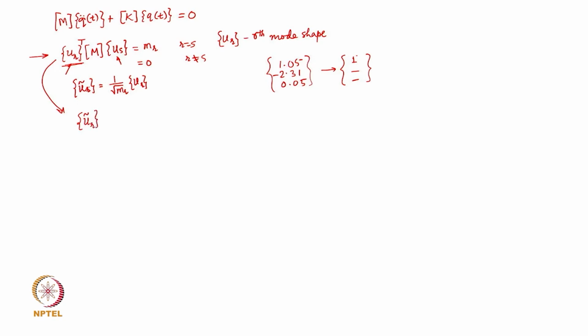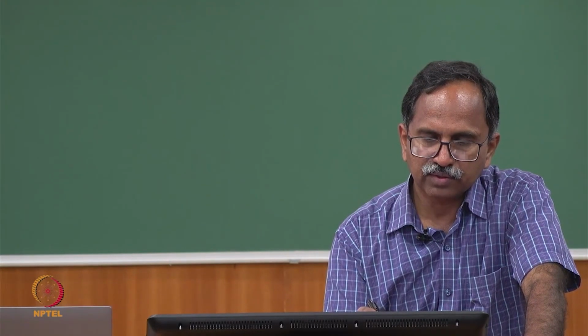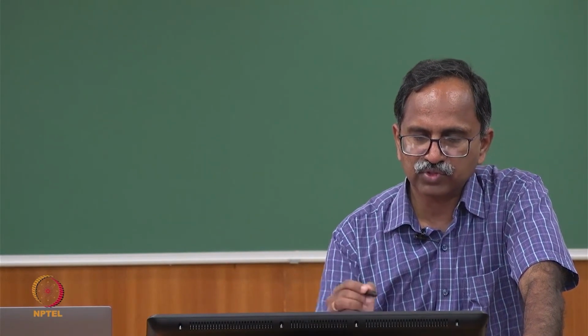So, this is UR tilde transpose times mass matrix times US tilde, which is going to be equal to 1, of course. Why is it 1? Because I have divided throughout by MR, and one square root of MR gets absorbed in the normalized modal vector here, and the other one gets absorbed here.